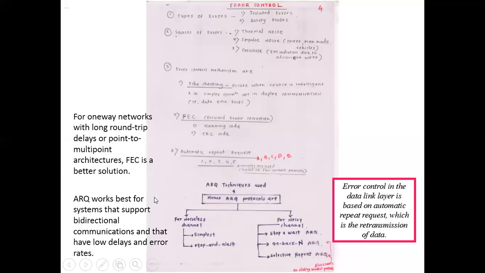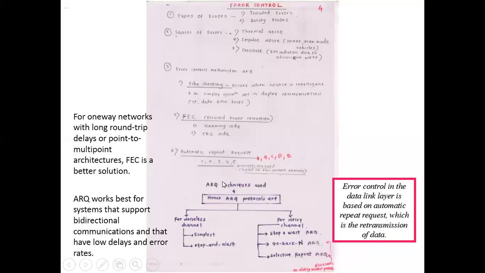But if it is one-to-one, ARQ, that is automatic repeat request, works best for systems that support bidirectional communication and have low delays and error rates. So definitely this ARQ technique is going to prove better. That's why we are going to use this ARQ flow control, data error detection and correction technique for our data communication.